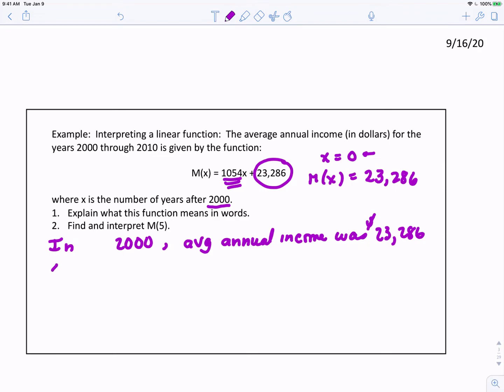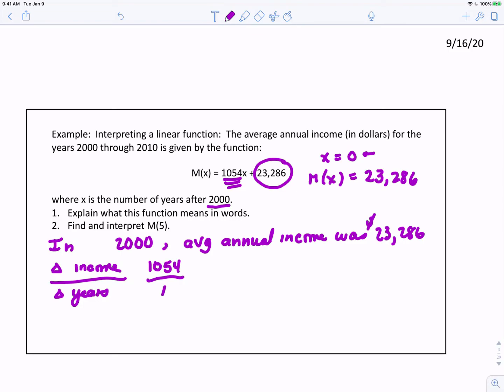Now the other number in the equation is the slope. So remember, what is the slope? Slope is change in y over change in x. In other words, change in income over change in years. So let's think about that. That's 1,054 over 1.